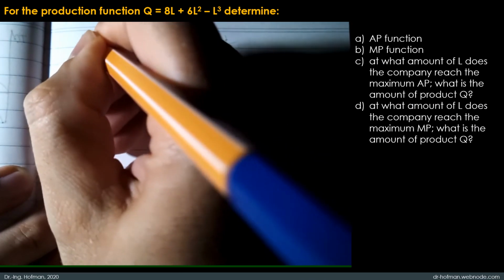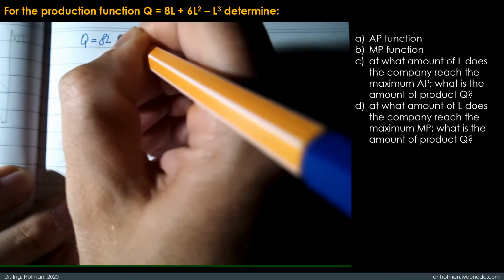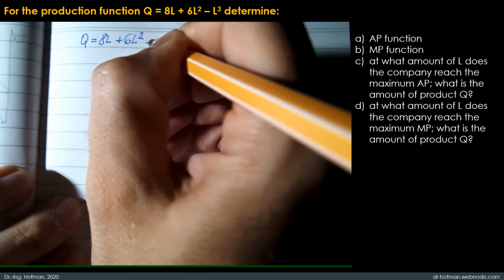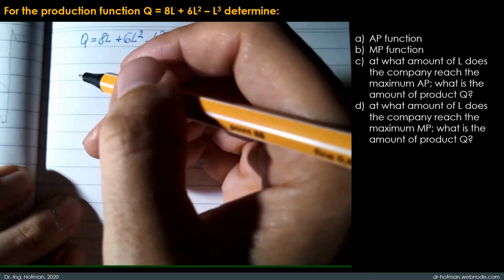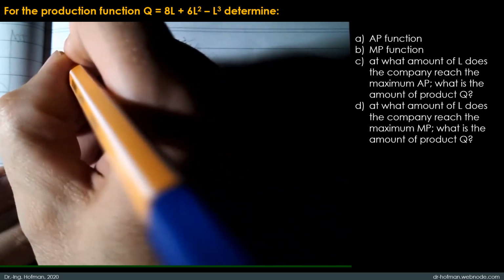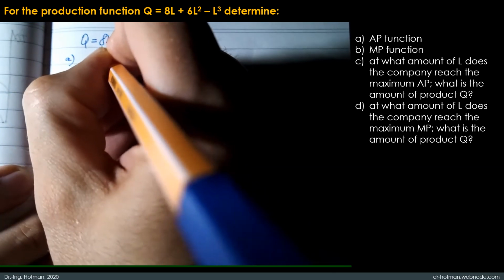For the production function given by the expression Q equals 8L plus 6L squared minus L to the 3, determine the AP function at first, in the A point.